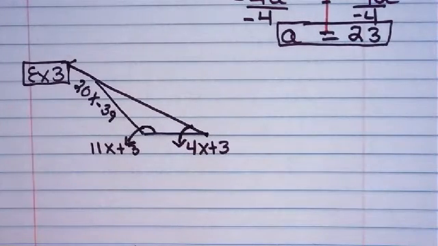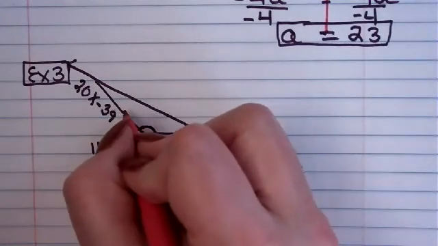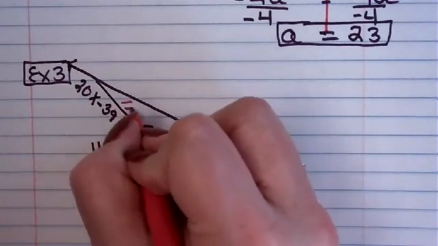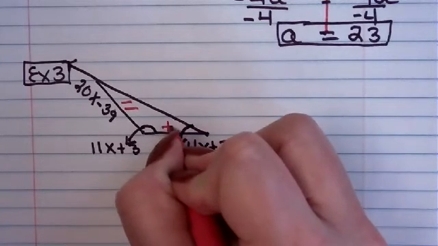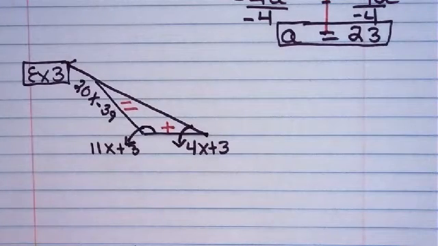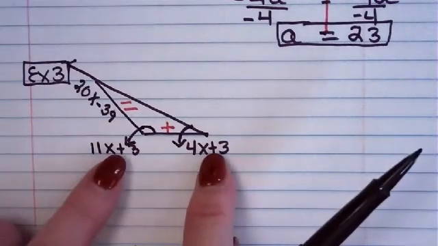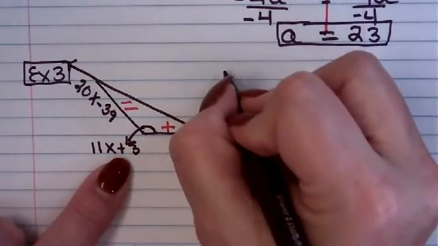Okay? Now, what do I know? I know this outside angle up here is equal to these two angles down here because they're the opposite angles or remote angles added together. So if I set up my equation, let's add these together. So what am I going to have?